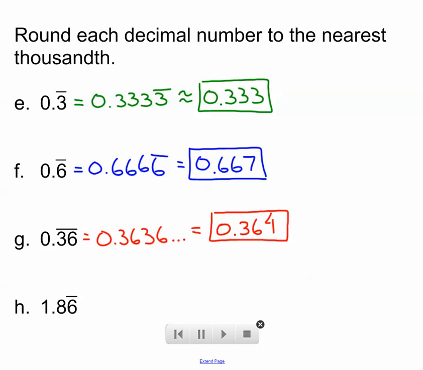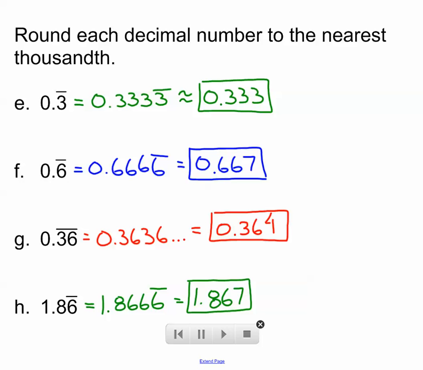This 3 is going to go up to a 4 because the 6 is greater than 5. Again, last one, we got 1.8 and then 6, 6, 6. Only the 6 repeats. Since this 6 is greater than a 5, this 6 is going to get rounded up to a 7.